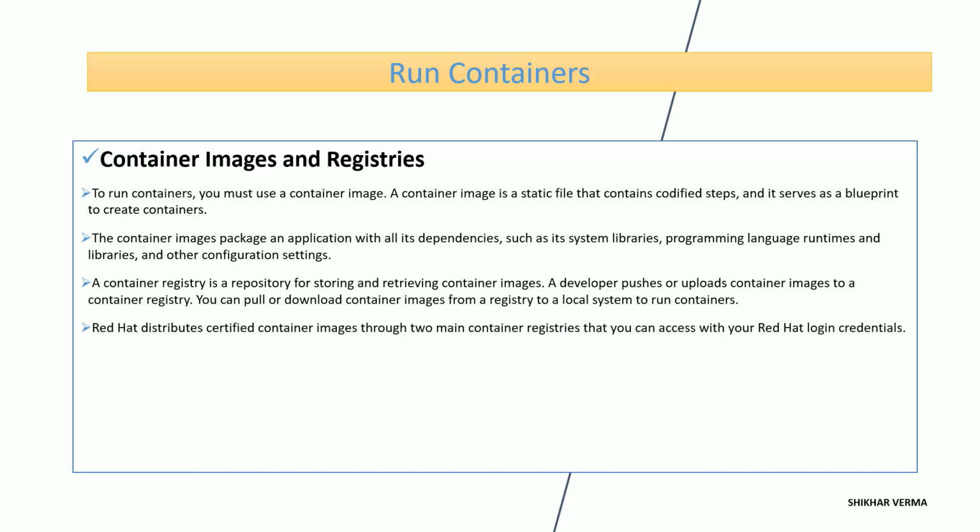The Red Hat distribution certified container images through two main container registries. So Red Hat has two main registry locations that you can access with your Red Hat login credentials. You just need to create a Red Hat developer account to download an image from the Red Hat registries.